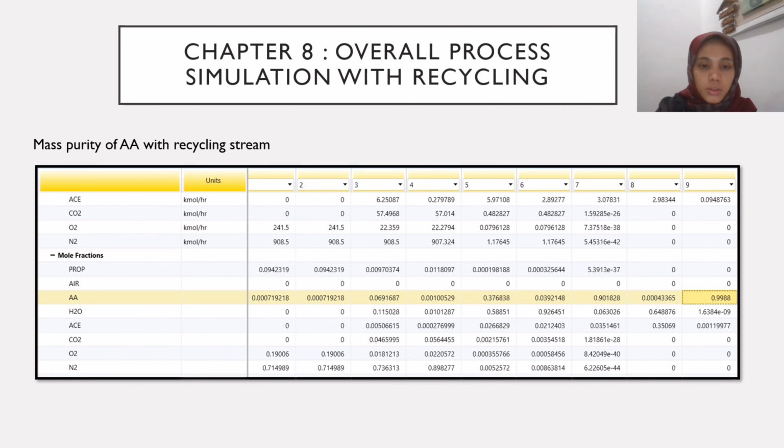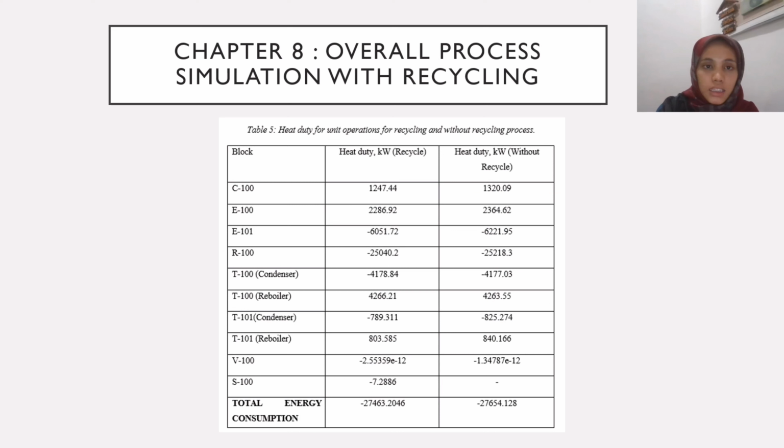In terms of purity, both recycle and non-recycle achieve the same value. As you can see in this slide, the mass purity that I get for the recycling stream is 99.88% of acrylic acid. Lastly is the heat duty for unit operation for the recycling unit and comparison with the without recycling unit.